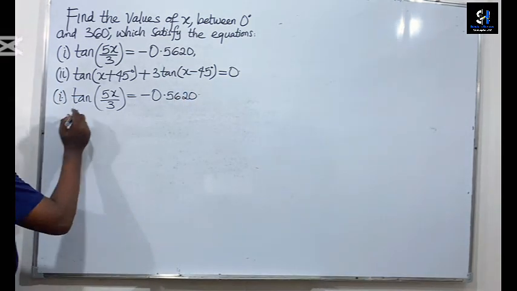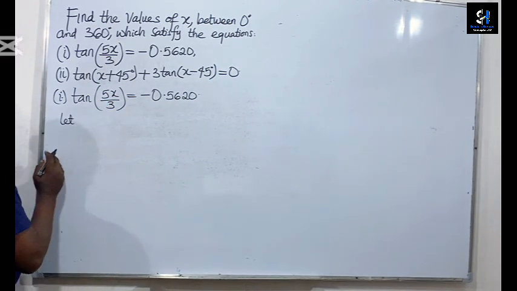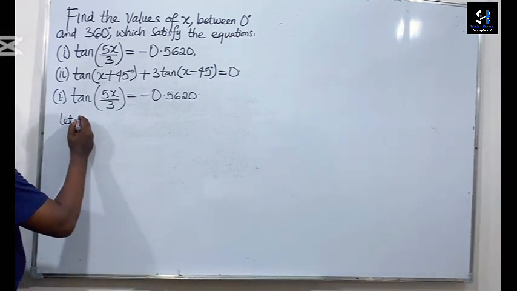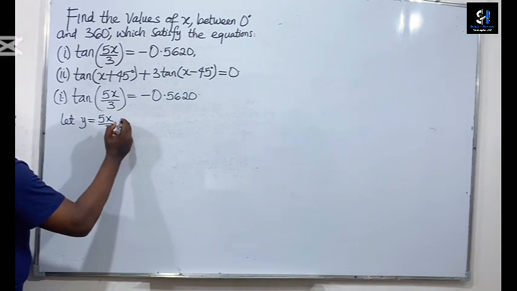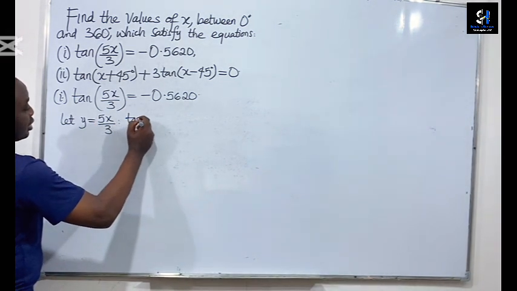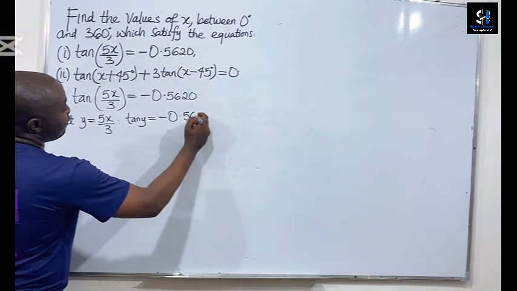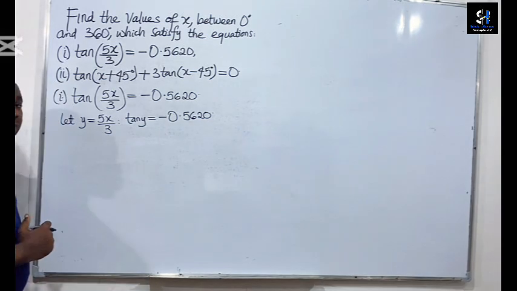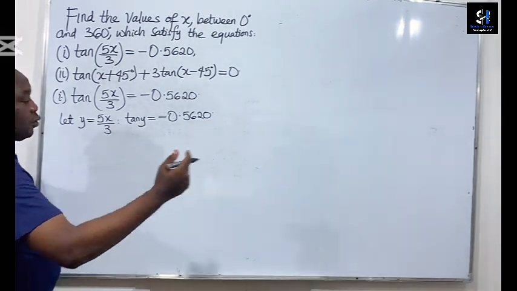So what I'll do from here is let 5x over 3 equal y. So let y equal 5x over 3 so that tan y will equal minus 0.5620.